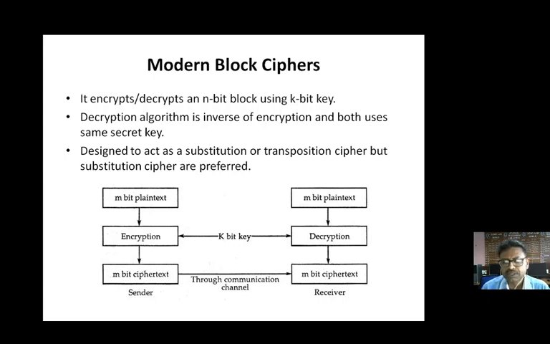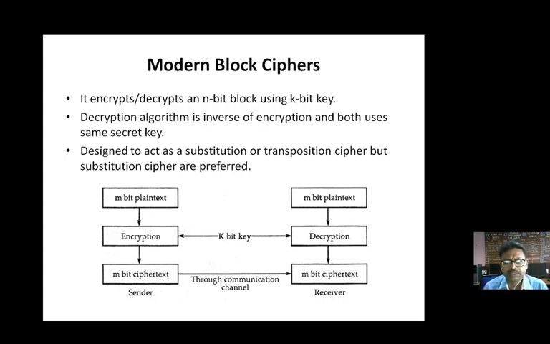In the reverse case, when the ciphertext moves through the communication channel to the receiving end, the receiver receives this m-bit ciphertext, which is decrypted by the decryption algorithm using the k-bit key, so that it gets the m-bit plain text.